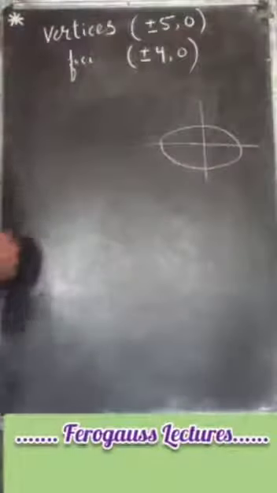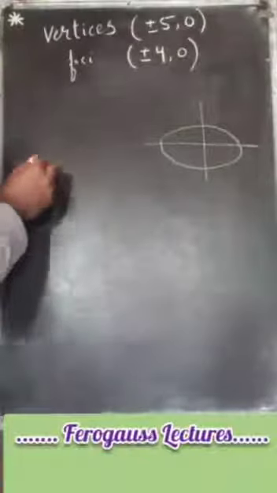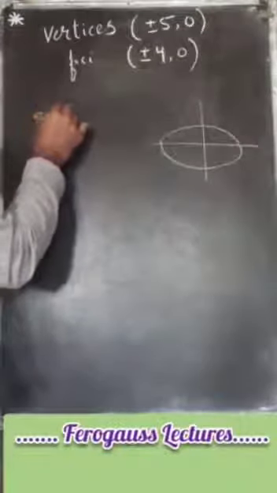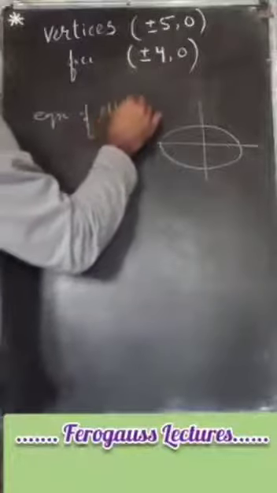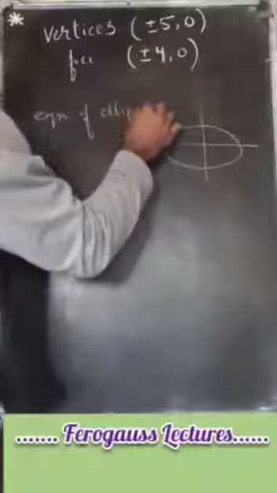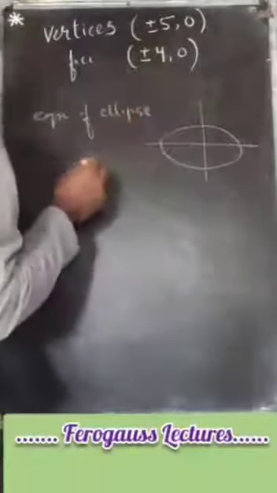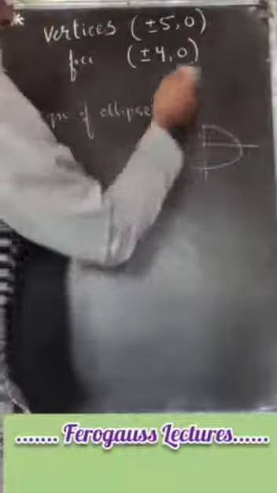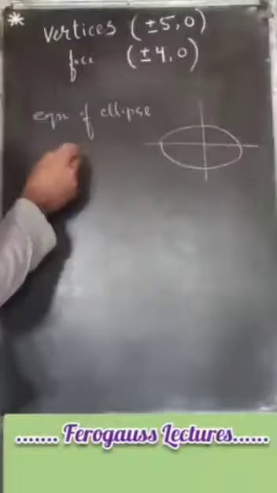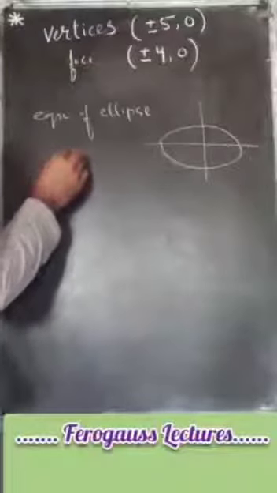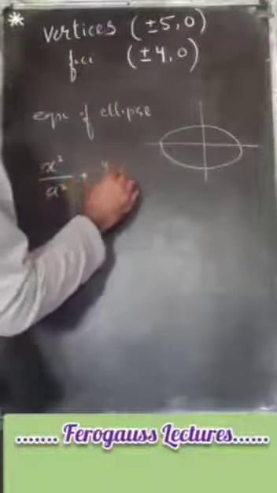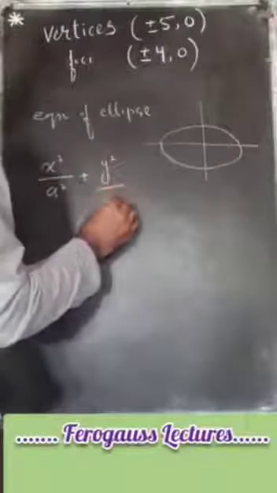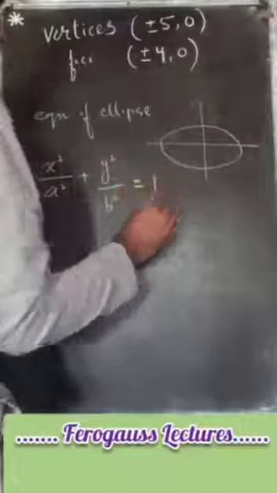Therefore, the ellipse is like this. Okay. Now we know that the equation of this ellipse with major axis along x-axis and minor axis along y-axis is x square divided by a square plus y square divided by b square equal to 1.